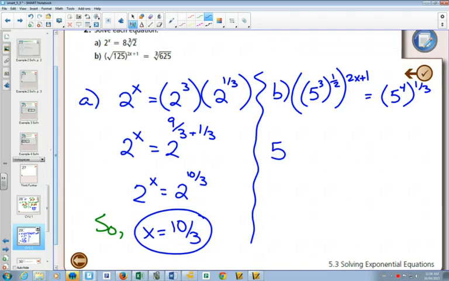How do we multiply 3 numbers? Well, you choose 2 of them to multiply first. I'll do it 3/2, and I'd still need to multiply by 2x plus 1. And on this side, 4 times 1/3, multiply the tops, multiply the bottoms, and you get 5 to the 4/3.